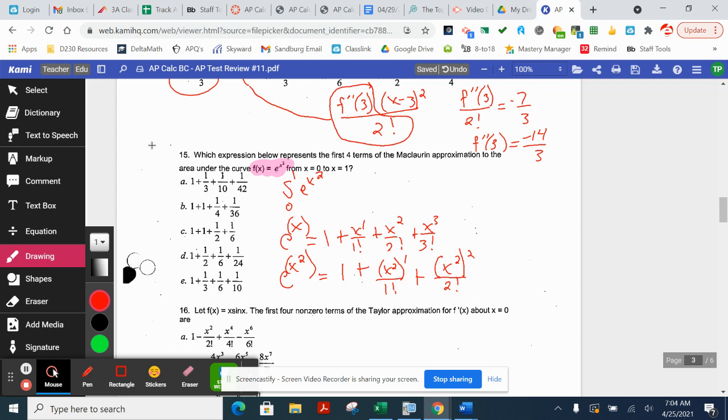And then the final one here, the 4th term, instead of x cubed, I need to change that to be x squared cubed over 3 factorial. All right. Well, this has now created the function that I want.